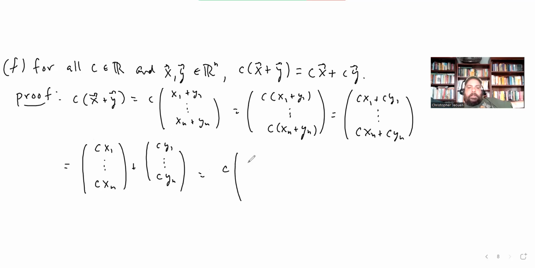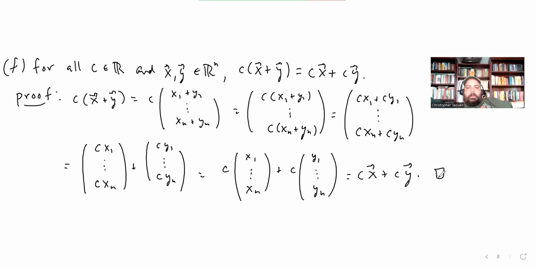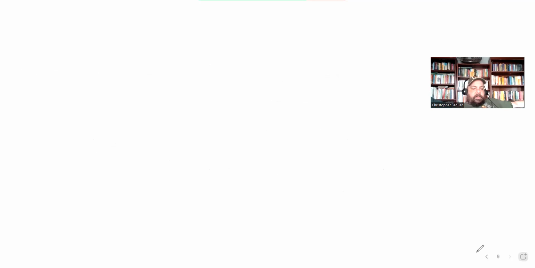And I can factor out the scalar multiple, which is cx plus cy. Okay, letter F is done. Letter G is just two more of these.